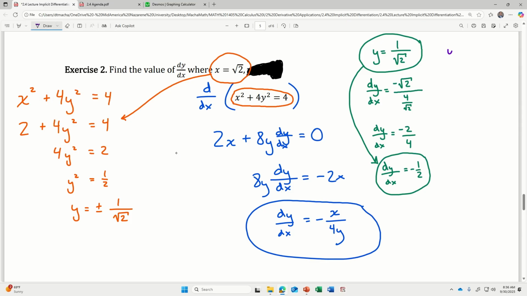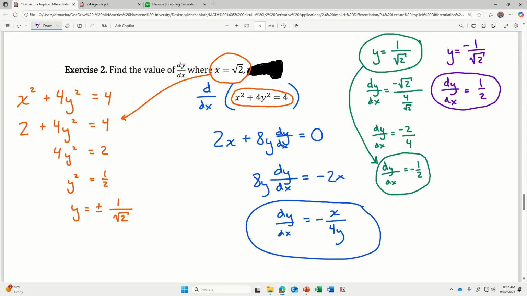On the other hand, what if I choose the point where y is equal to negative 1 over square root of 2? Well, everything about the derivative would be the same x value, same y value, but it's negative. So I'm just going to make this dy dx a positive half, rather than going through all the same work.